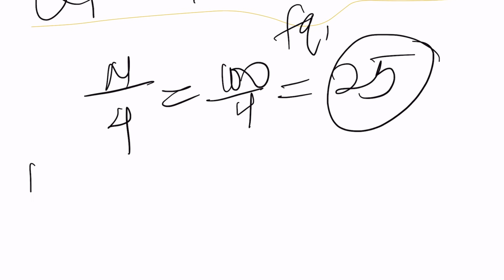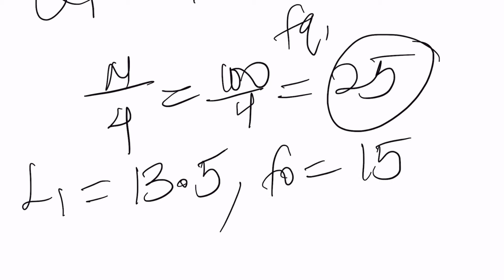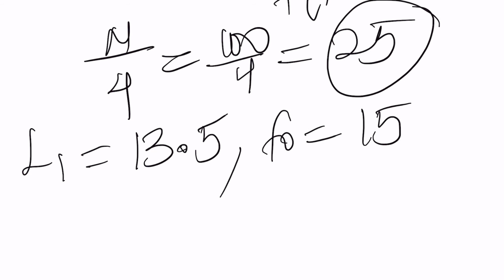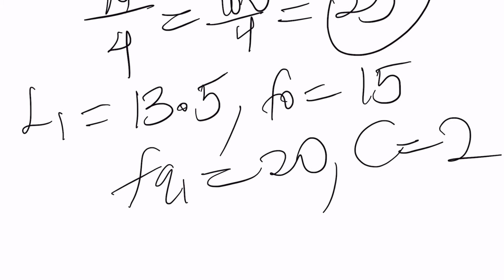So we have our L1 to be 13.5, our F0 to be 15, which is the cumulative frequency before the quartile class, our FQ1 to be 20, and our class width to be 2.